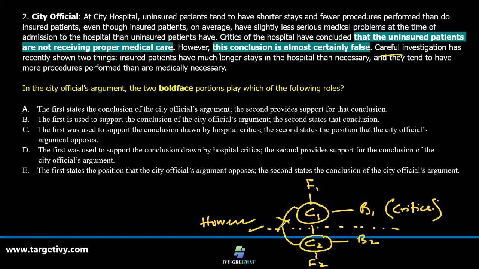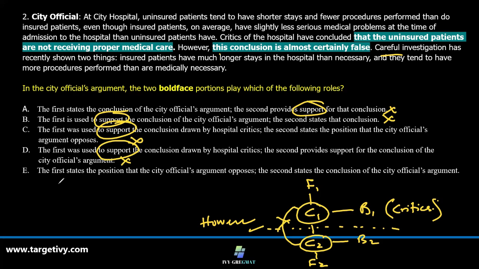Now the question is, in the city official's argument, the two bold-faced portions play which of the following roles? We know both are conclusions. So that makes it easier for us. Let's see. The first states the conclusion of the city official's argument. The second provides a support. Out. The first is used to support the second.